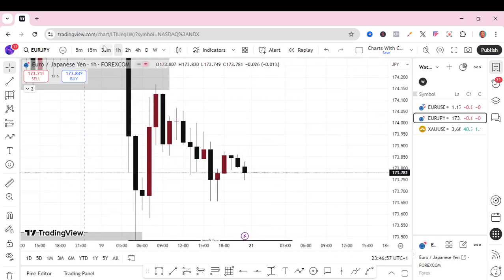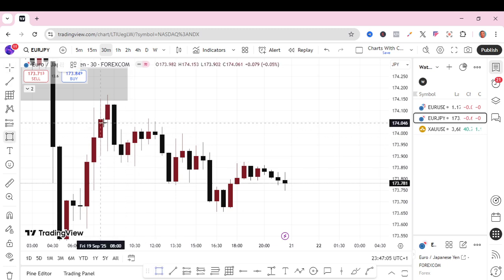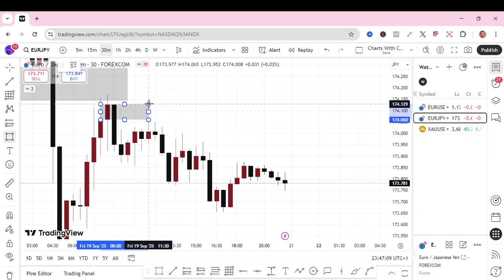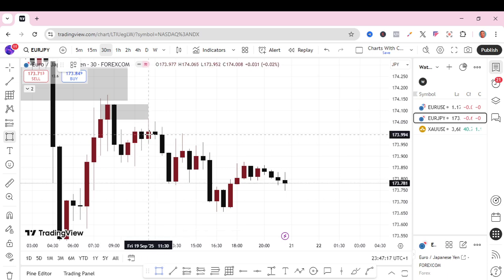If you go even lower to the 30 minutes time frame or even the 15 minutes, you see it clearly. From 30 minutes, look at this mitigation here. Price mitigated the body of this candlestick. If I was on my charts, I would have taken this sell, right? Price mitigated that, and this candlestick as well.